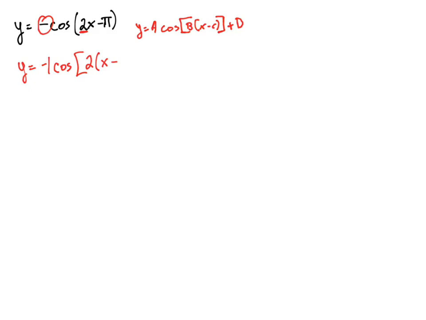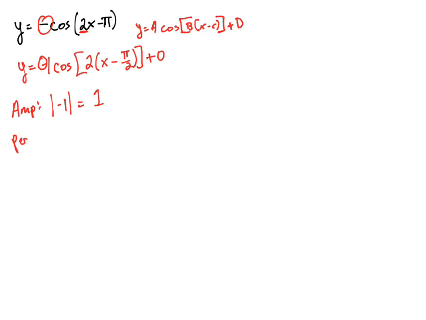Pi divided by 2 is pi over 2. And then there's no d value, so there's no vertical shift. All right, so the amplitude here is going to be the absolute value of a, which is absolute value of negative 1, so 1. And that negative means we're going to have a vertical reflection.